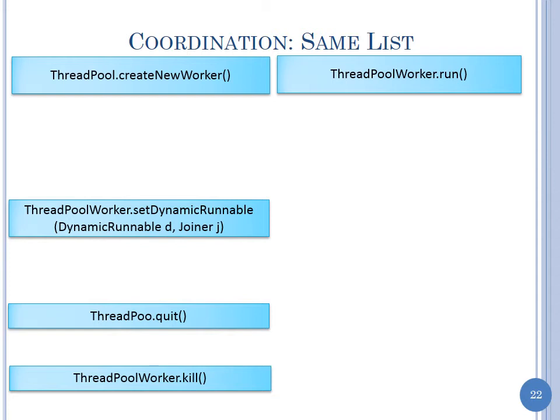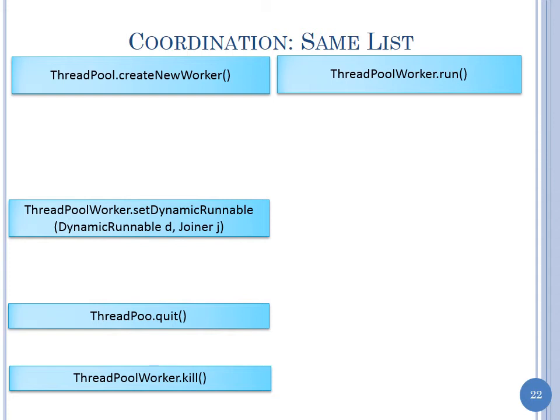Yeah, and that would be the quit method. Okay. So the idea is that the thread pool calls quit when there's no work to be done at that point. All the thread pool workers, we assume this, are in the queue at this point. They're not doing any piece of work at that point. And we'll just call kill there.